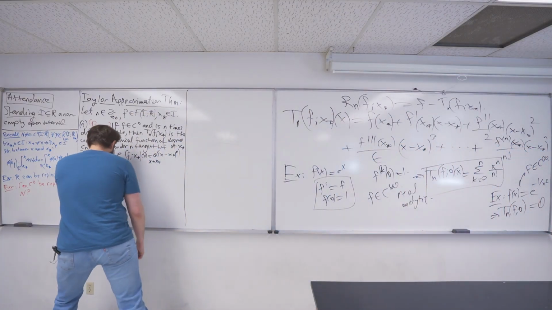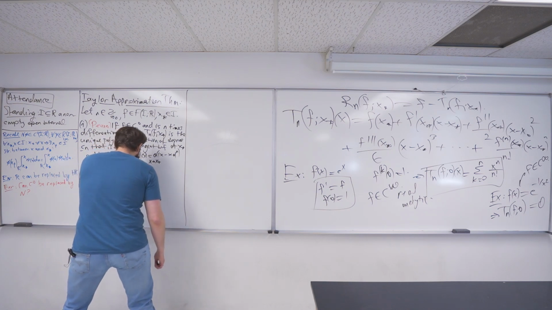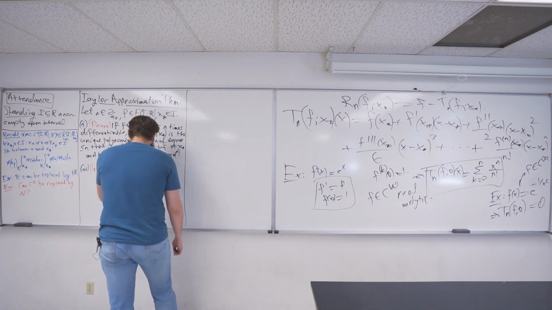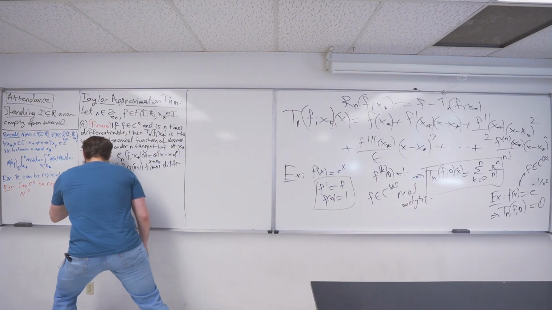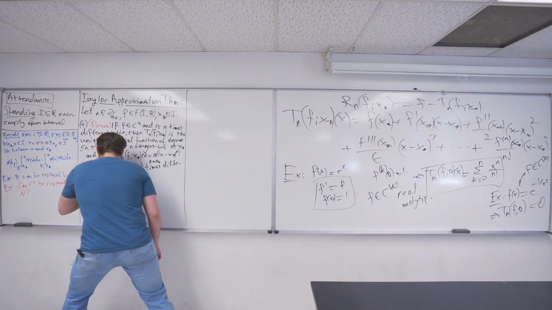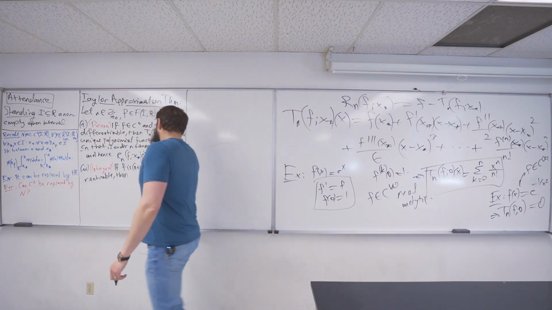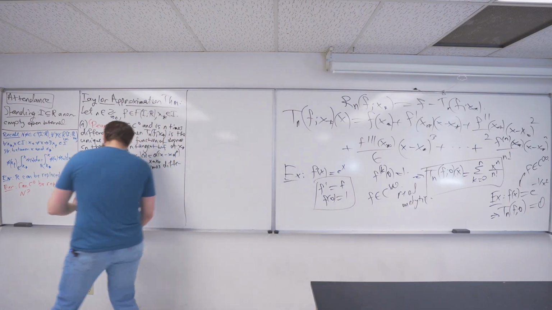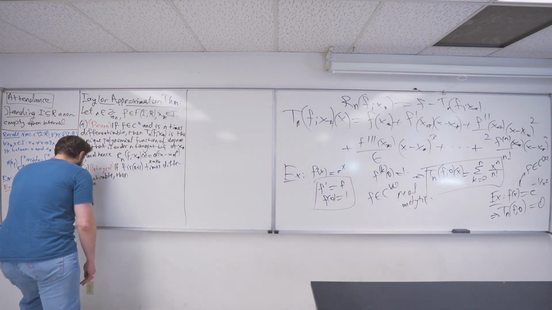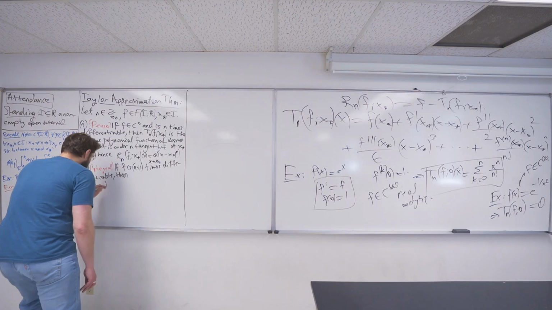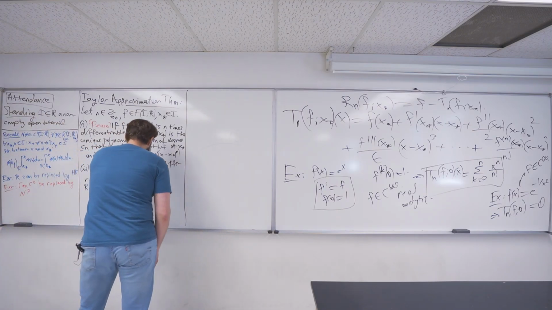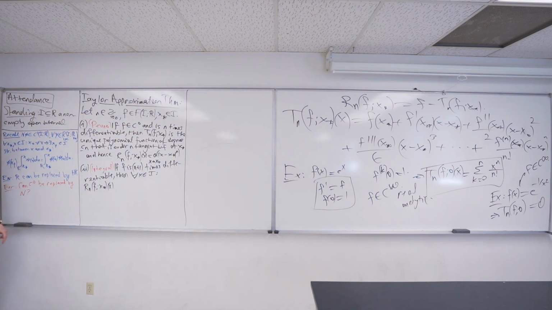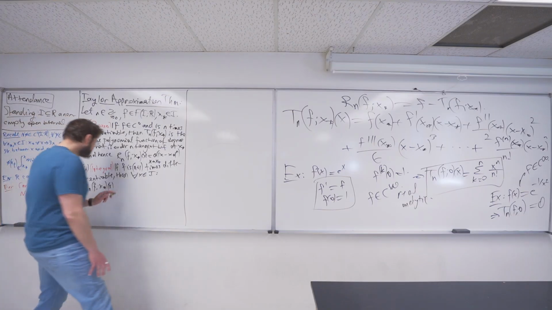So if f is n plus 1 times differentiable, then for any x in I, I can represent the nth remainder at the point x as a certain integral, which is this.